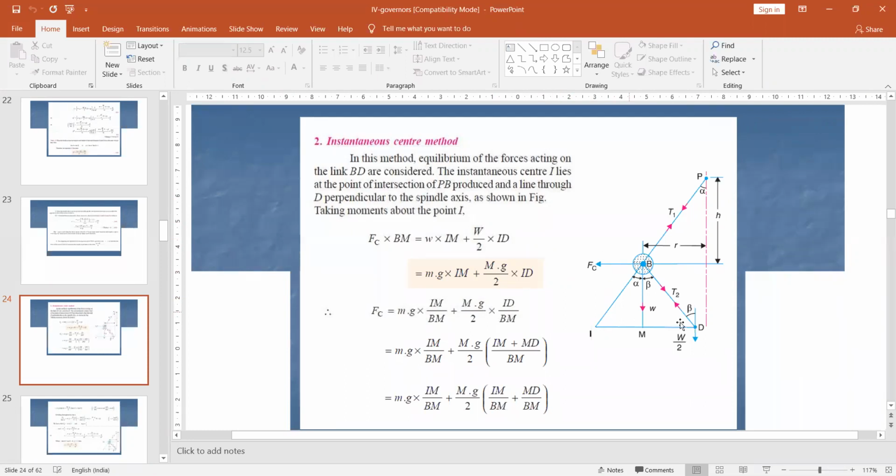Now, the distances: from the flyball to the pivoted point, h is there, and the distance from the flyball to the spindle axis, the radius of rotation, is small r.